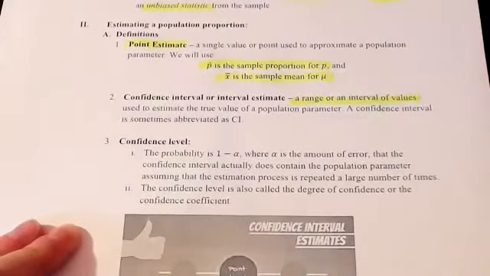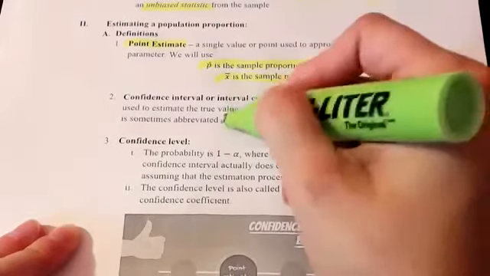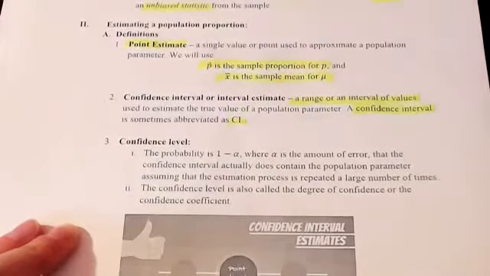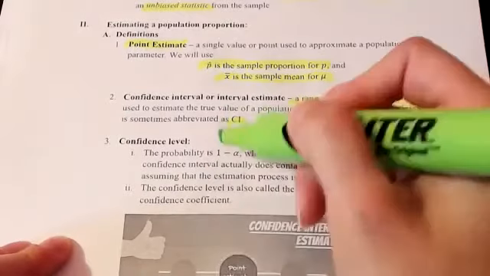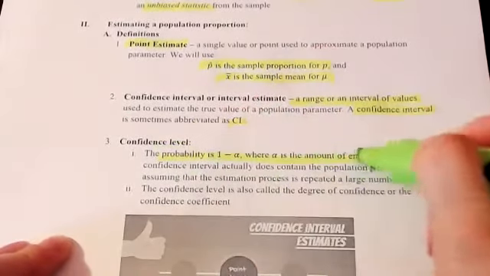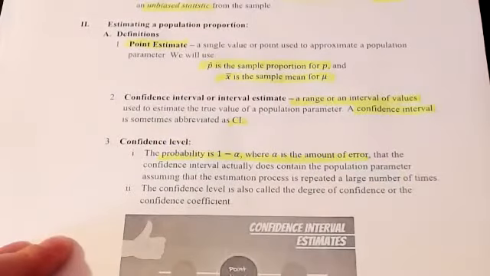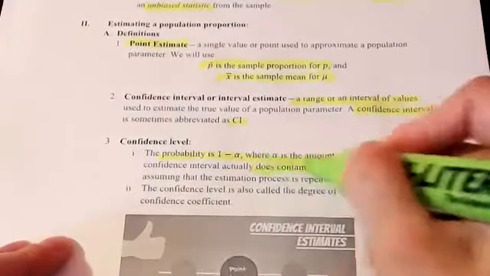A confidence interval is sometimes abbreviated as CI. Confidence level, the probability is 1 minus alpha, where alpha is the amount of error, that the confidence interval actually does contain the population parameter, assuming that the estimation process is repeated a large number of times. The confidence level is also called the degree of confidence or the confidence coefficient.